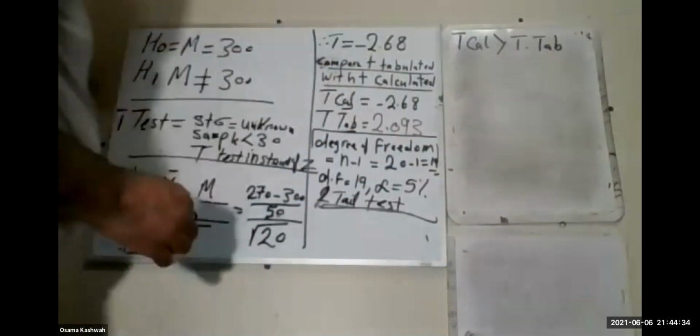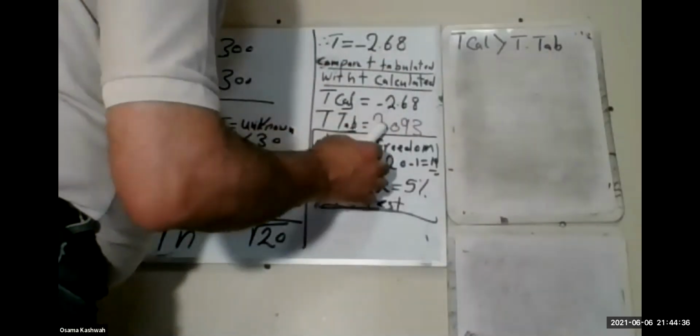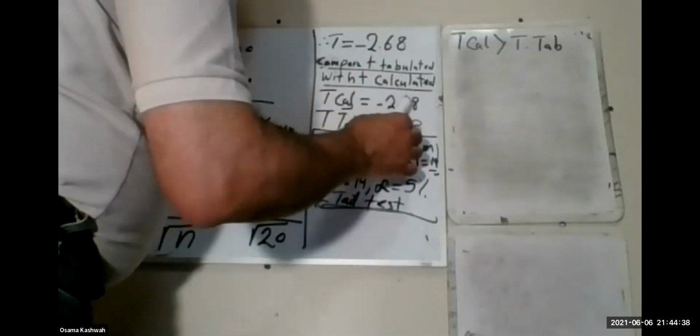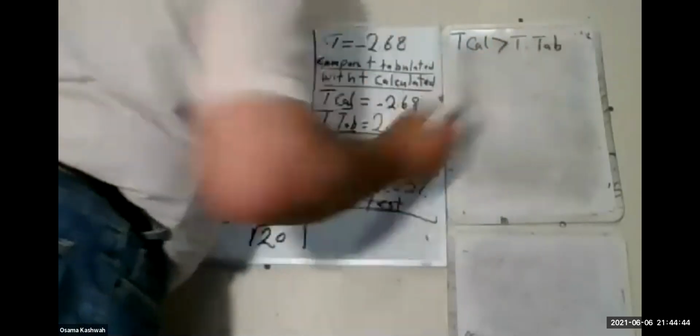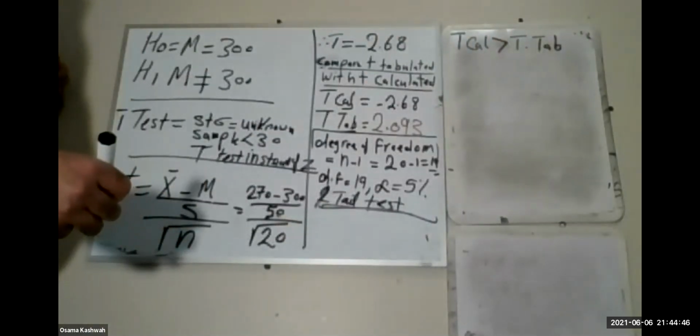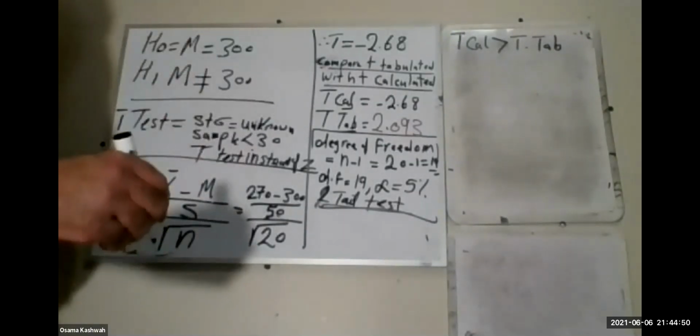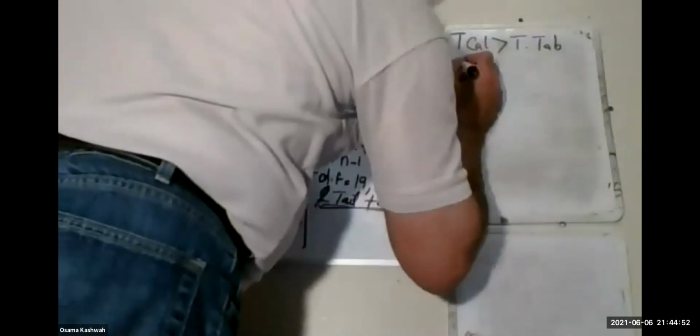2.68 is the calculated, and the tabulated is 2.0. So T calculated is greater than T tabulated. As long as the calculated is greater than the tabulated, then reject.